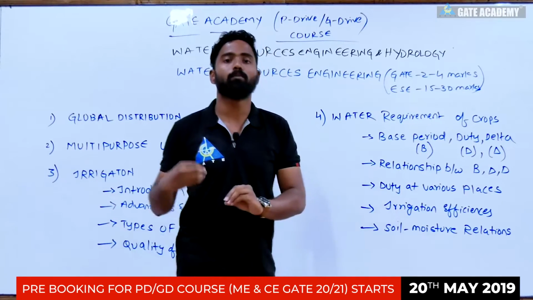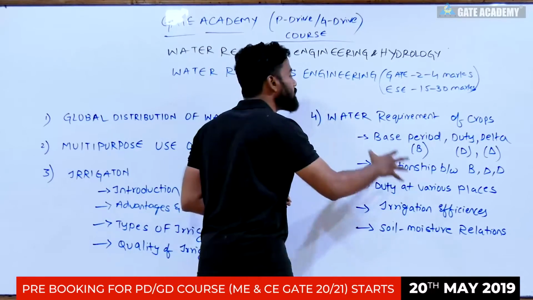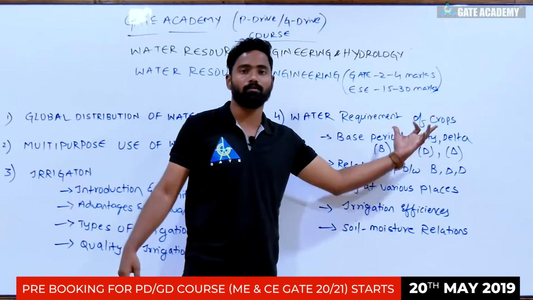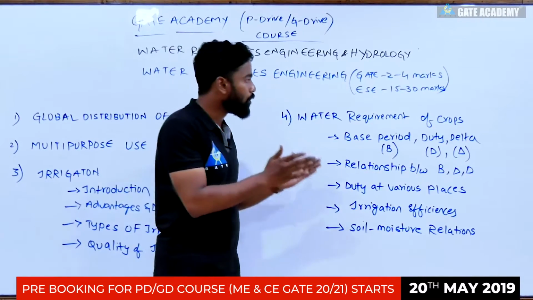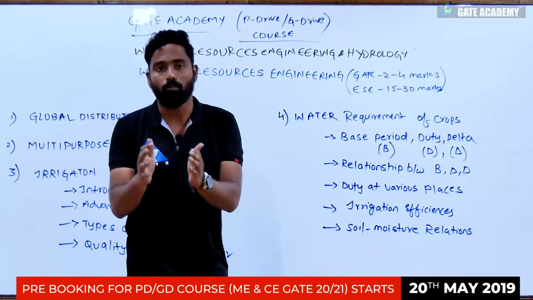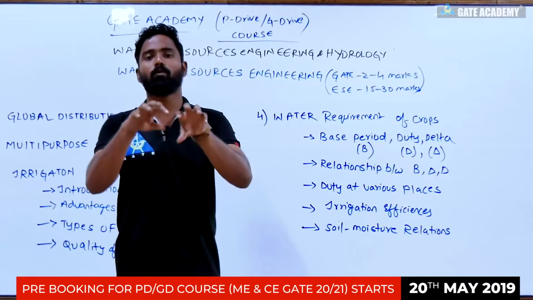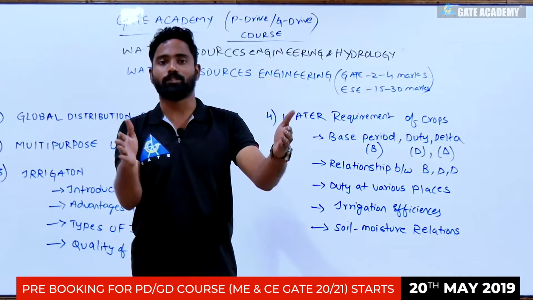Now how much water you have to provide to the field is what we'll discuss in water requirement of crops. The name itself says water requirement of crops, meaning how much water is required by the crop for its growth. That means when you provide water to the field, before sowing and before harvesting, right?